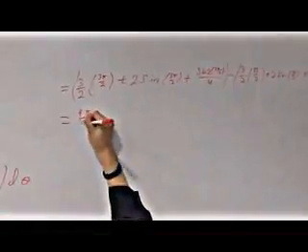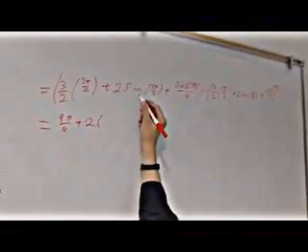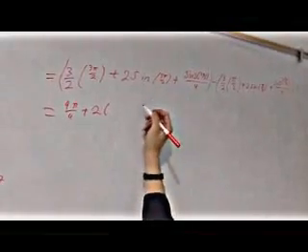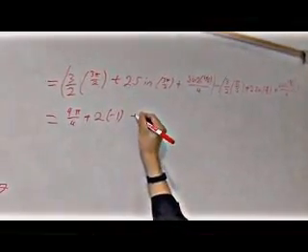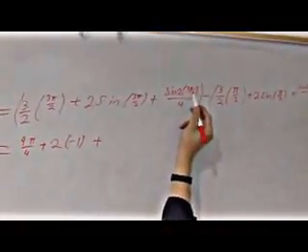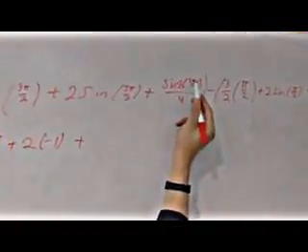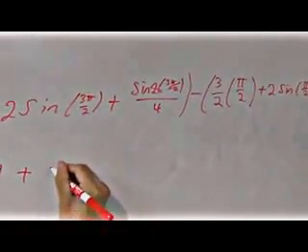When we multiply them out, now it's going to be 9 pi over 4 plus 2 times sine 3 pi over 2, which equals negative 1, plus, so when you multiply these the twos cancel out, and it's going to be sine 3 pi, which is 0. So it's going to be 0 over 4, which is 0.